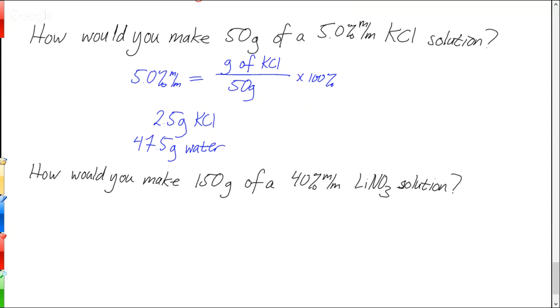We can set it up like we did in the previous question. If you find it easier, you can also think of this as just 40% of 150, which is 0.4 times 150 grams. So if 40% is 60, the rest of it is water.